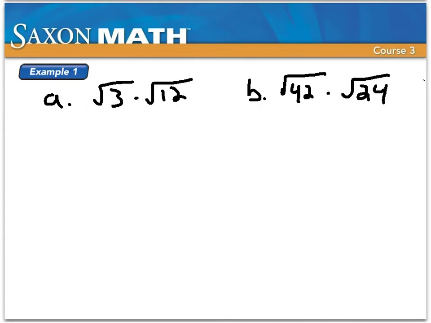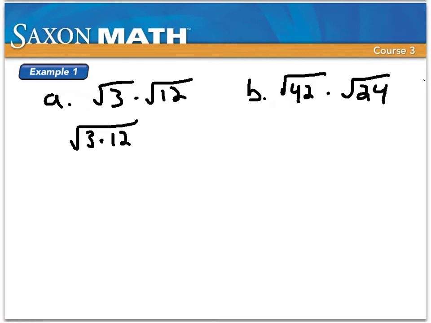Now let's apply that to a couple of new kinds of examples. Example A. We got two square roots here that are broken apart, the square root of 3 times the square root of 12. So what we can do here is say this is the same as the square root of 3 times 12. Then we can use the factor tree method to break this apart if we wanted to.